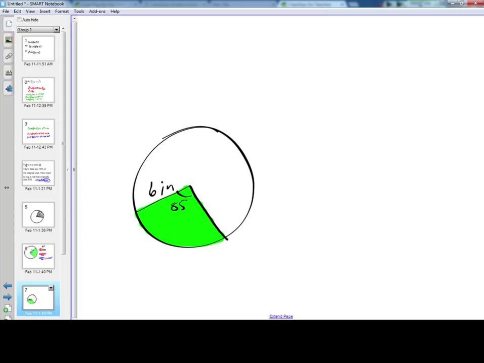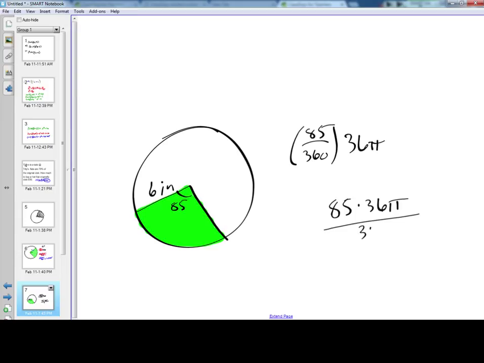So how does this go about? 36 pi is the whole circle, but I only want 85 out of 360. So 85 times 36 pi over 360.